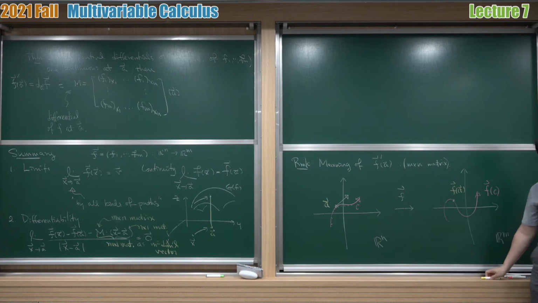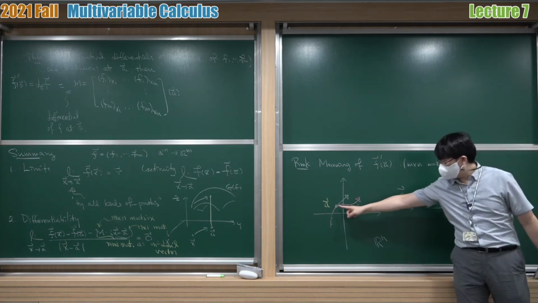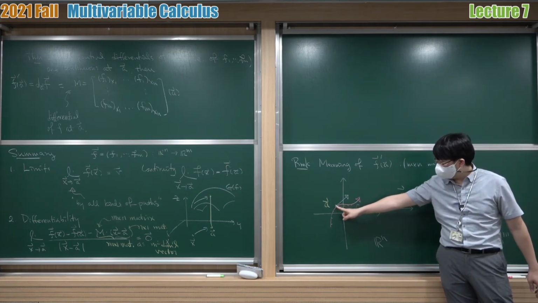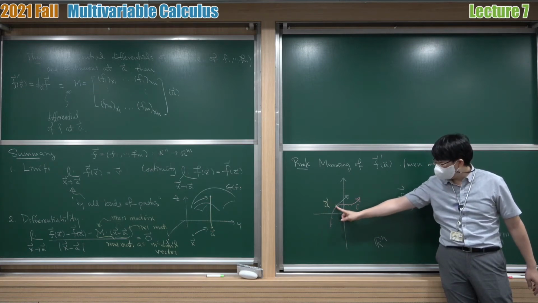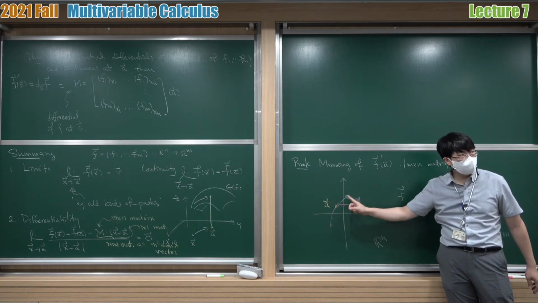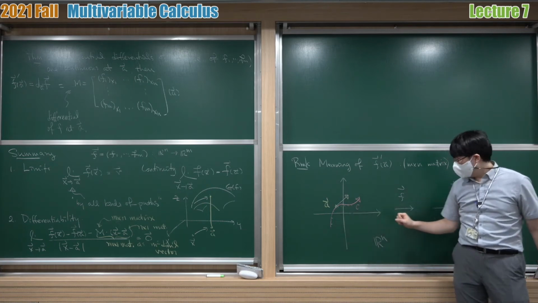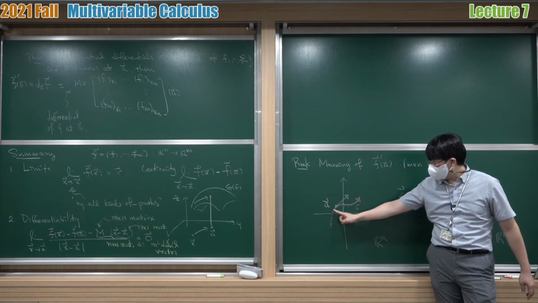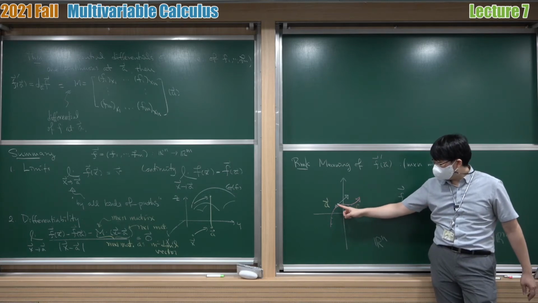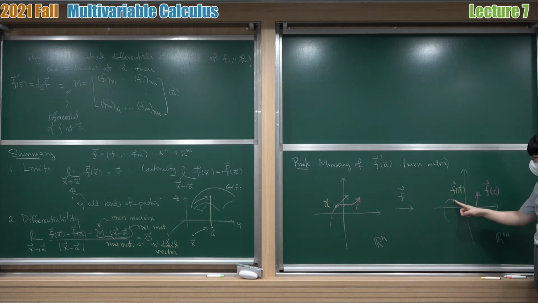Okay, now let's think about the vector again. When I pass through the point A, suppose that I'm moving along this direction, a tangent direction to this curve. If I move slowly along this trajectory and think about just when I pass the point A, on the target space it will pass through the point f(A).